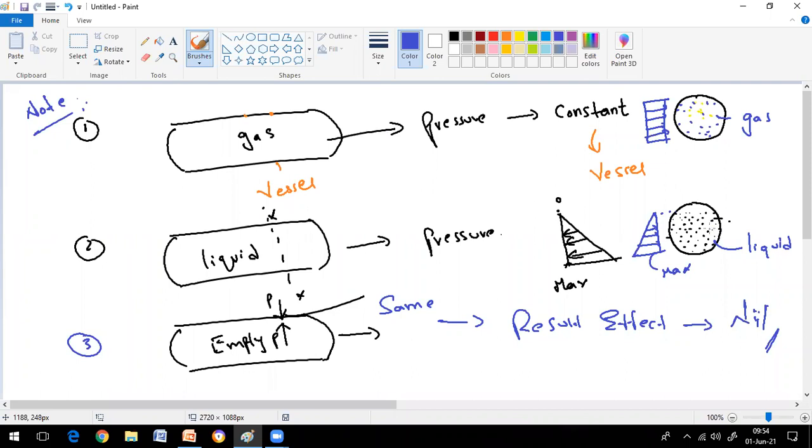These three are very important to understand the performance of vessels when they are filled with gases, liquids or some other kind of fluids. Understand?